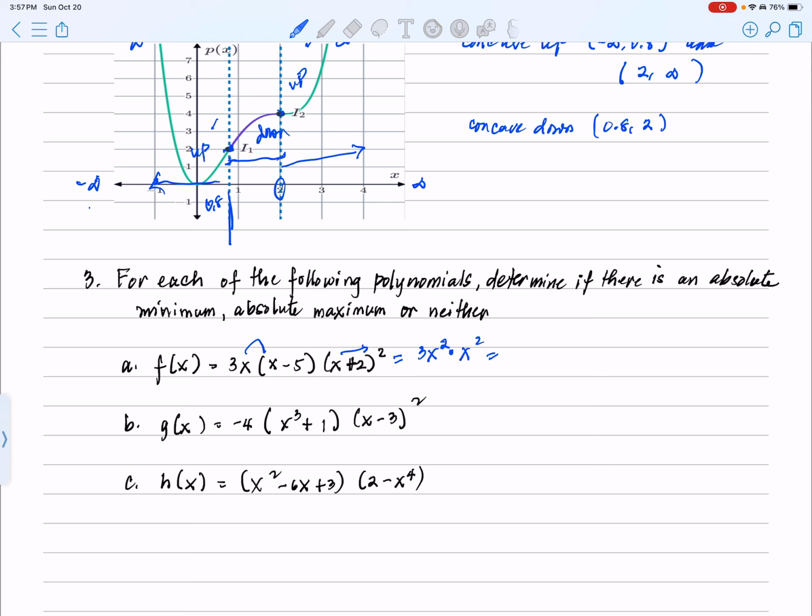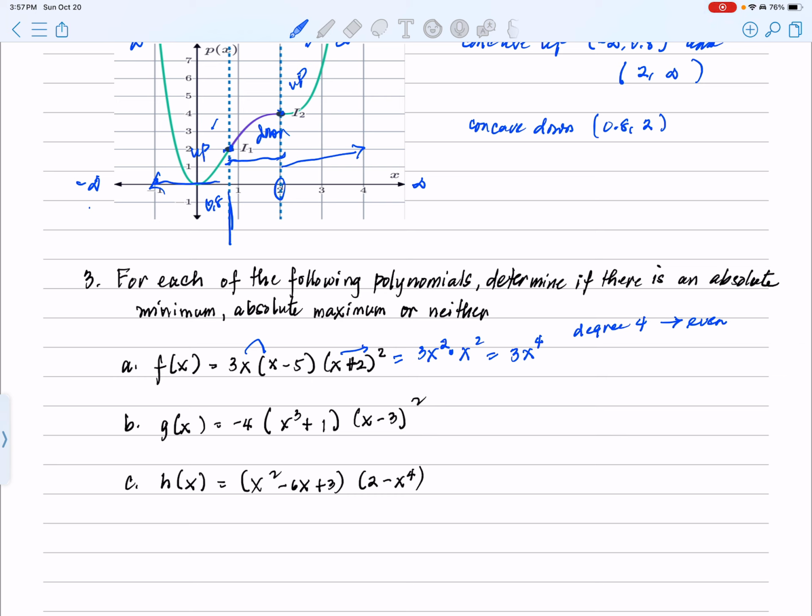All right, so remember the rules of exponent. When you multiply, you add the exponent, right? So our degree here is 4. So it's even.